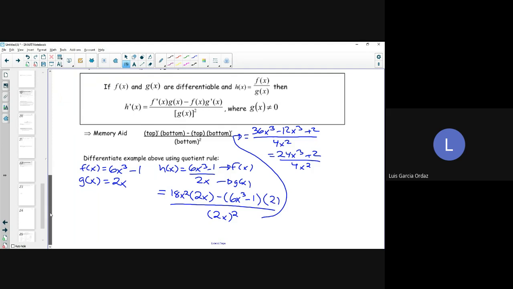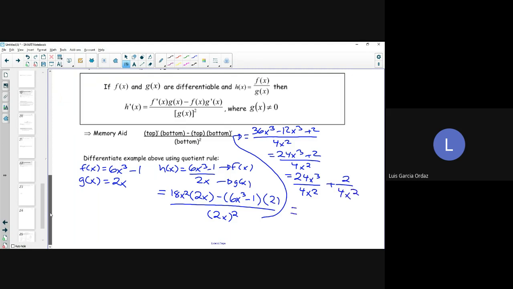Now what I can do to factor out from the top and the bottom is factor out a 2, or what you can do is also make 4x squared the denominator for both 24x cubed and 2. So you can write this as 24x cubed over 4x squared plus 2 over 4x squared.